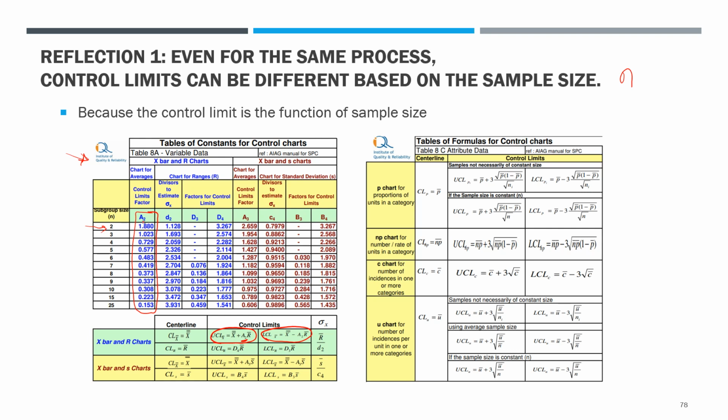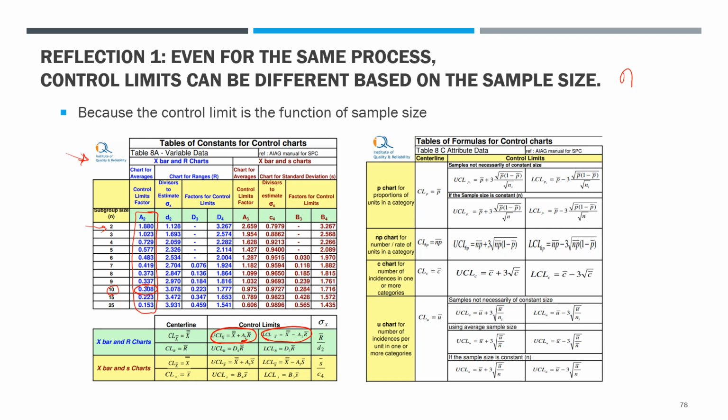However, if you increase your sample size all the way to 10, A2 will suddenly become less than 1/6 of A2 under sample size of 2. That is what I'm saying. So the control limits can be different based on the sample size, even when you are dealing with the same process.